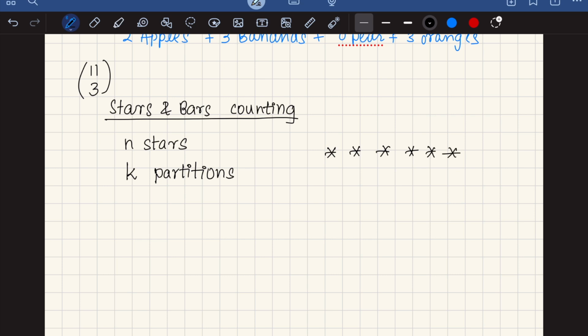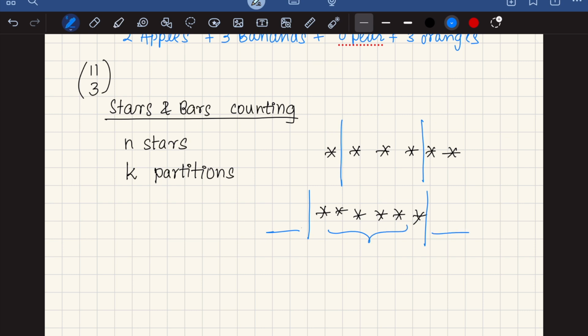I could put 1 star in one box, I could put 3 stars in another box, and then I could put the remaining 2 stars in the other box. Or you could also keep this empty. This partition is empty, this partition is empty, and you have put all the stars into one partition.